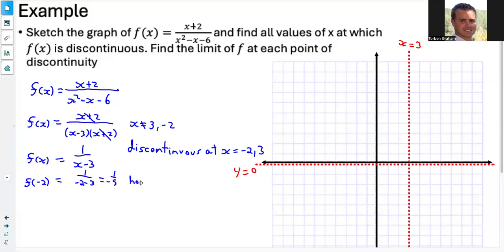So we have a hole at negative 2, negative 1/5. We have a hole there. Graphing this reciprocal of a linear function, we should have something that looks something like this.